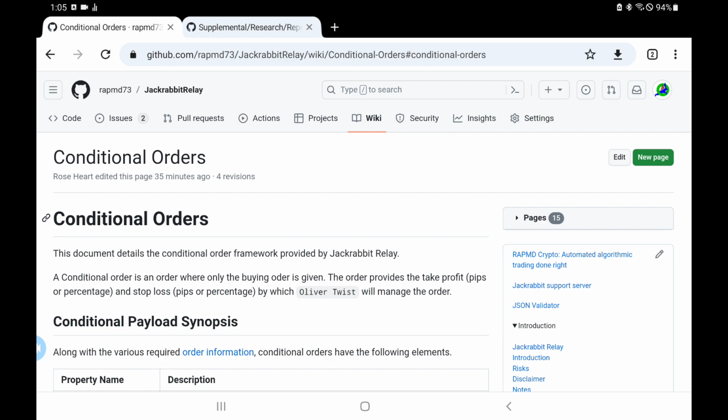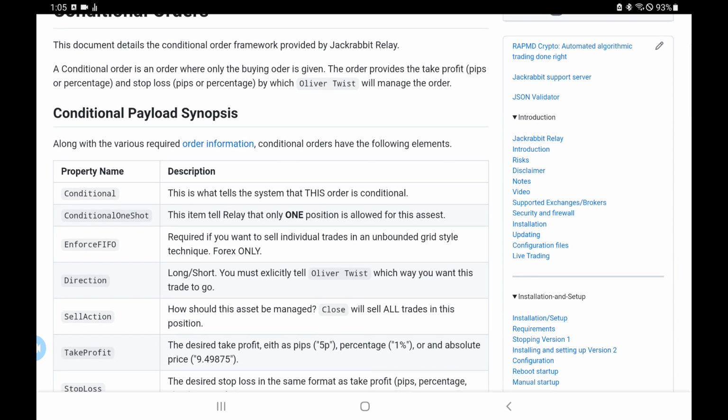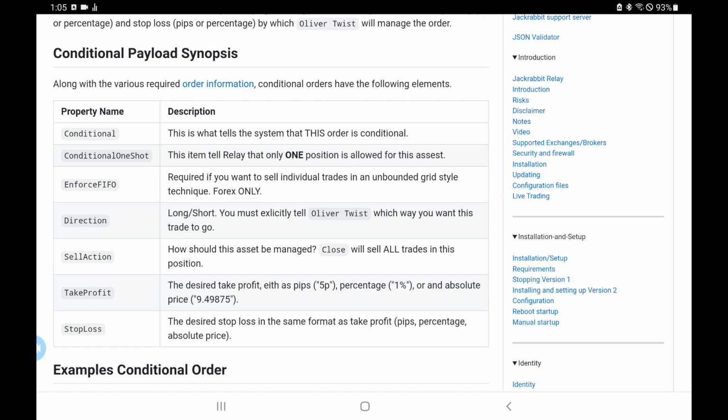Now, the purpose of conditional orders is that you let Jackrabbit Relay manage the order completely. It's kind of a hands-off approach, and either take profit or stop loss, it will deal with it. So let's get right into the actual order framework. First and foremost, this does not change the base level of the order, which we will see in examples in a few minutes.